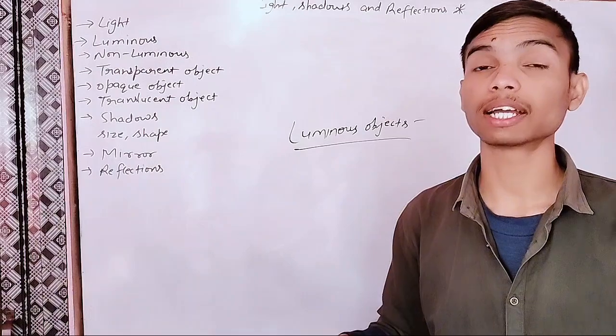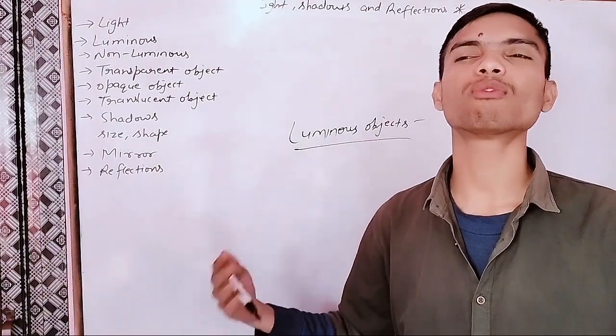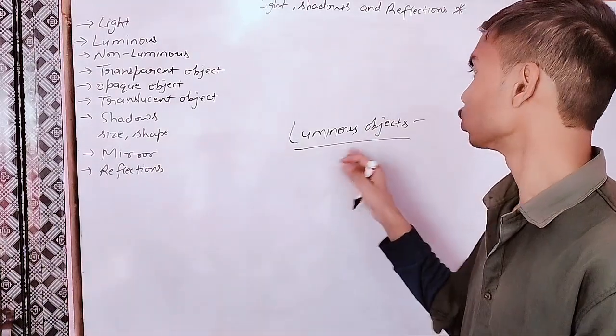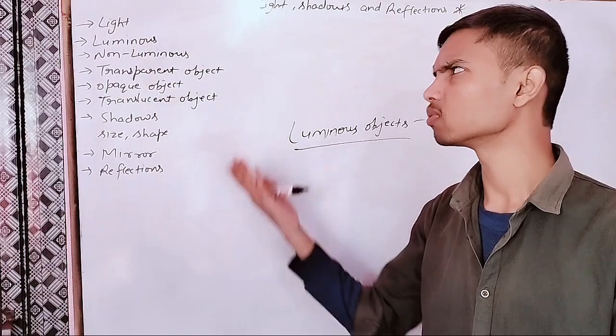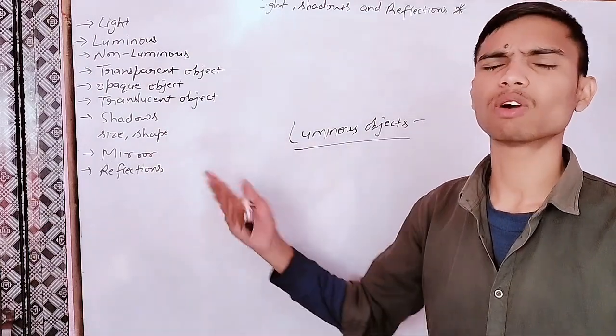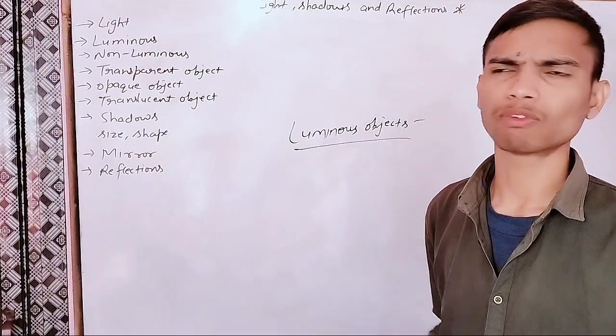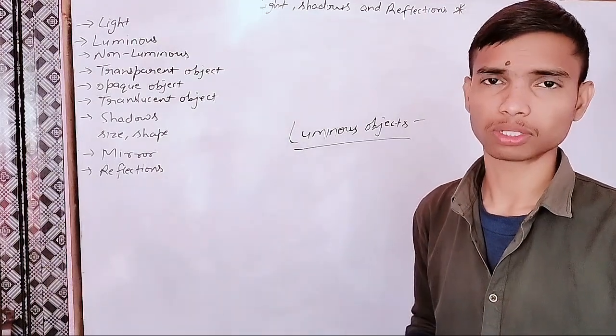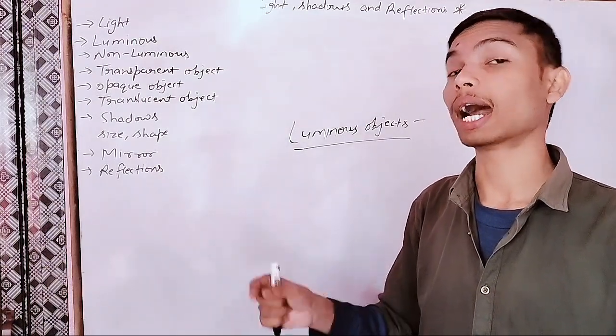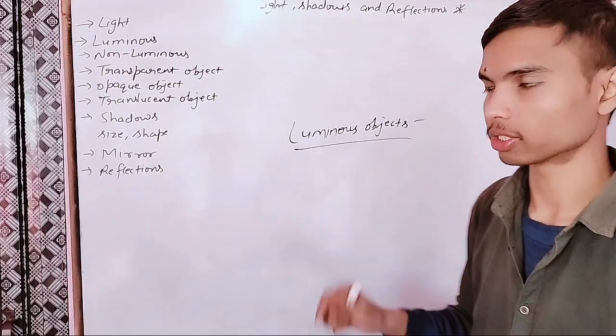We are identifying the objects. Which type of objects would be luminous objects? Would be non-luminous? Would be transparent objects? Which types of objects would be opaque objects? Which type of objects would be translucent objects? So here we are identifying the object.